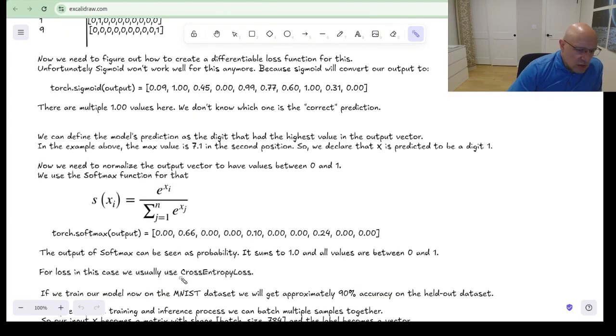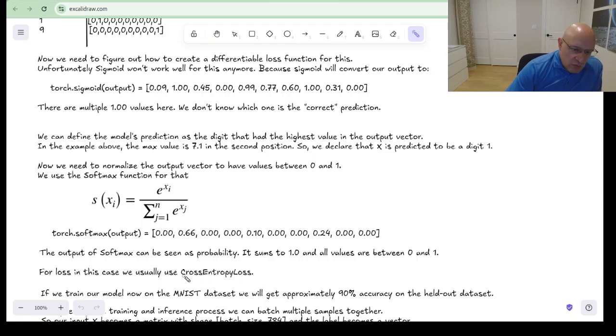Instead, we use something called cross-entropy loss. It's also not a very complex function, but I didn't want to put it on the slide because it requires some additional math. It's very easy to look it up on Wikipedia or in the source code in PyTorch. It's not that complex.